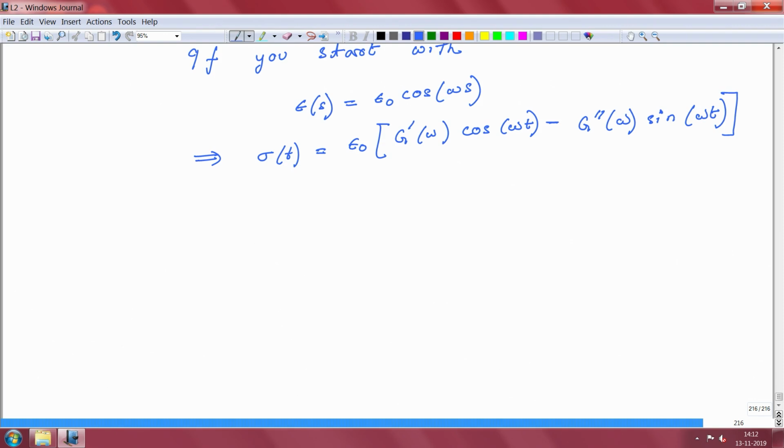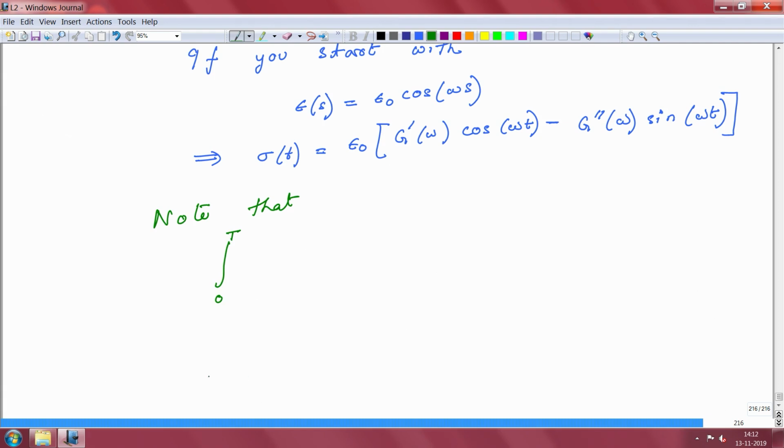And then it is important also to note that integrals with cosine and sine do not converge properly.